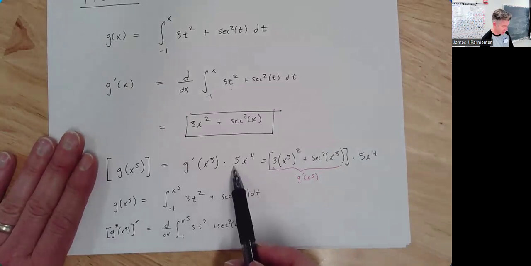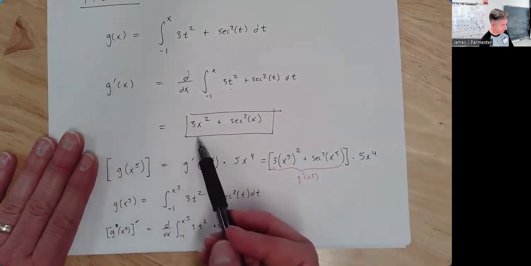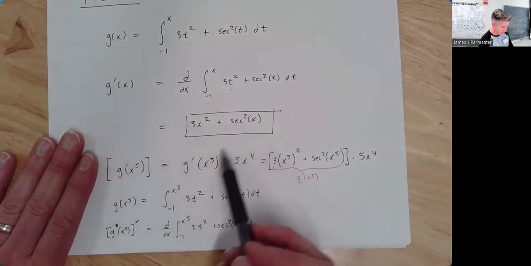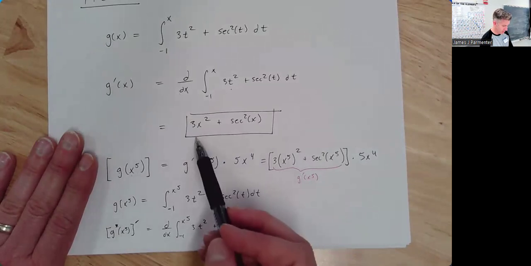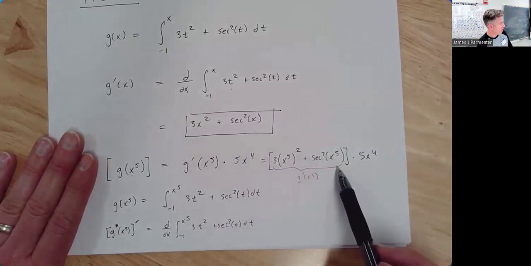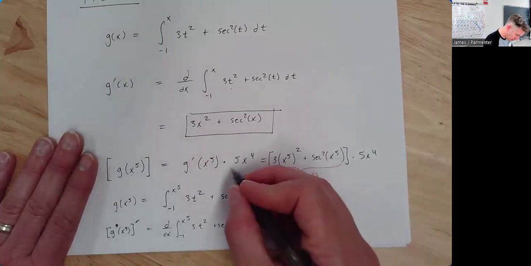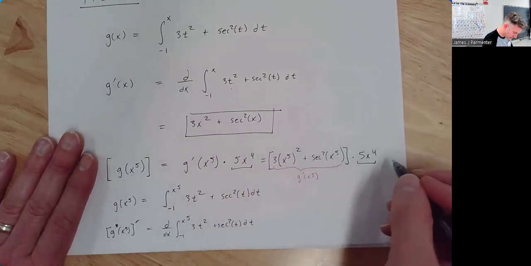But then I'm actually saying, well, I know what g prime is. G prime of x is 3x squared plus secant squared of x. So g prime of x to the fifth is 3 times x to the fifth squared plus secant squared of x to the fifth. I'm still multiplying by the 5x to the fourth at the end, right? This part here is still right there.